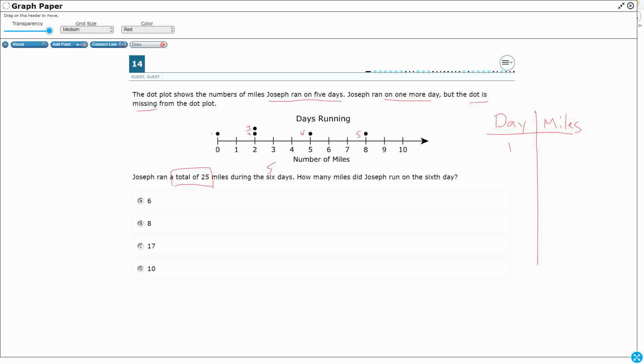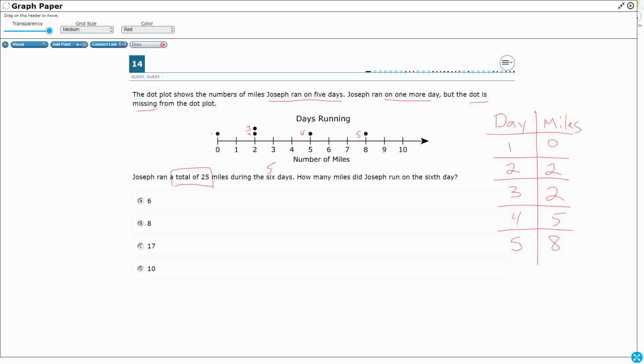On day 1, he ran 0 miles, okay? On day 2 and 3, you notice that they're both sitting on top of that 2. So on day 2, he ran 2 miles. Day 3 also ran 2 miles. On day 4, that's a lot of miles, 5 miles. And look at day 5, 8 miles.